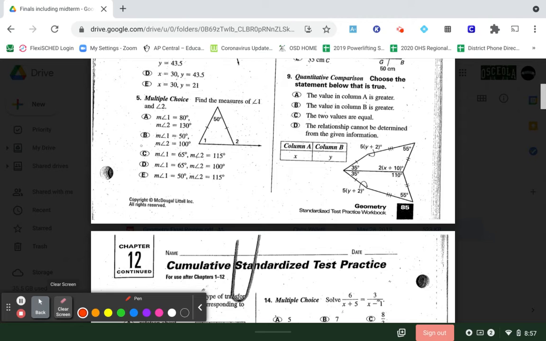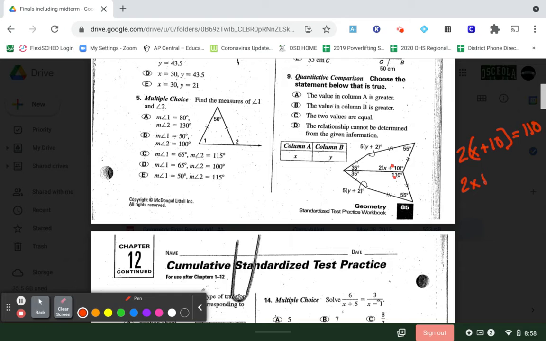We have two congruent shapes here because they have exactly the same angles and exactly the same sides. See, they all match up. So then this one and this one have to be equal. So 2 times x plus 10 equals 110.